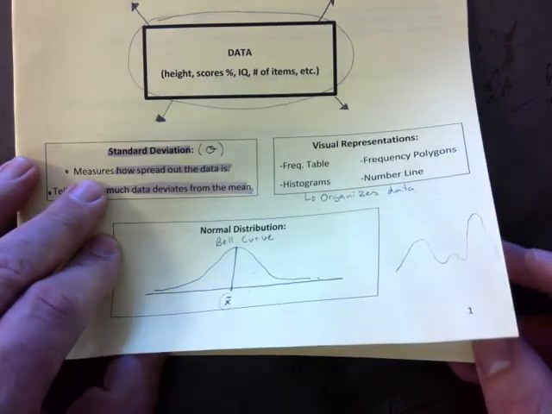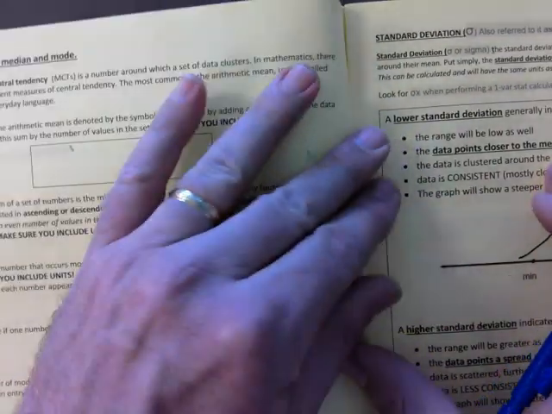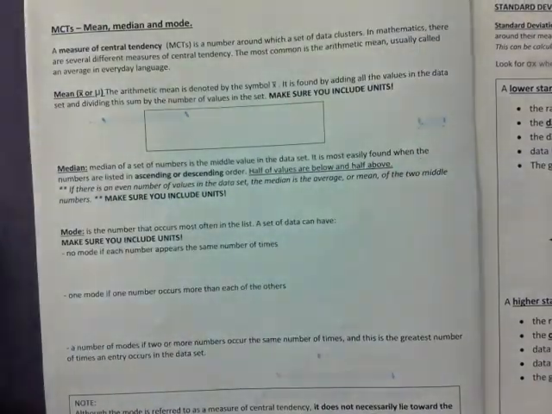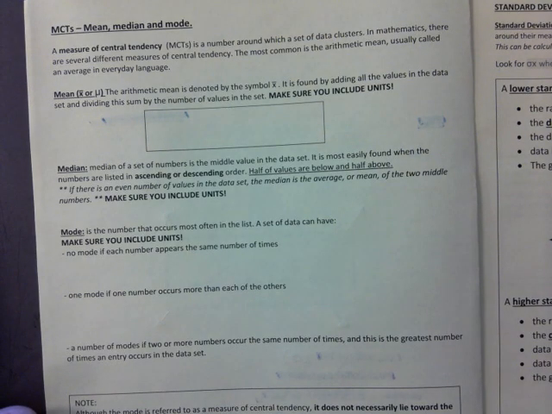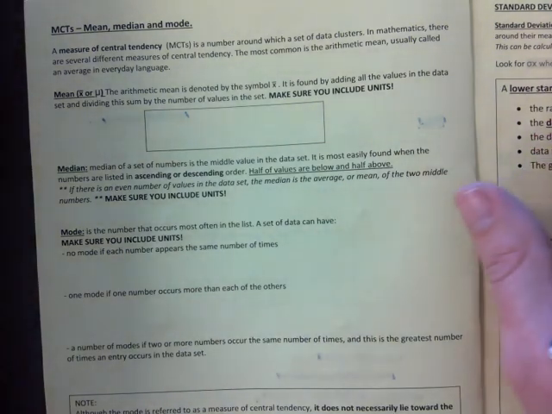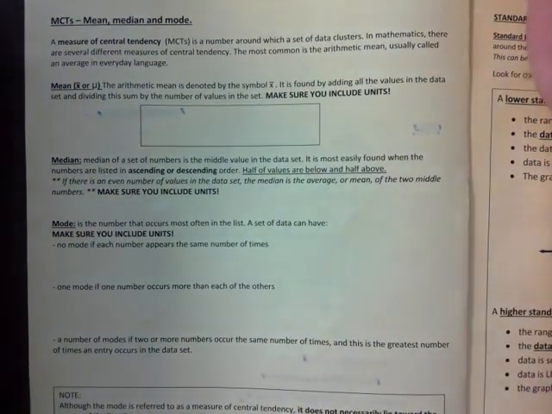Let's dive in and do a little bit of further exploration here. Let's talk about mean, median, mode. And I'm going to highlight a few things here and there, so have that ready as well.